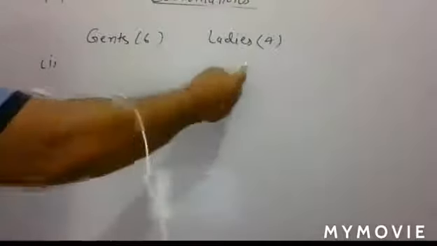In the first part, it is given that at least 2 ladies are there. What is the meaning of at least? 2 is your minimum boundary and the maximum boundary is not decided. Since you have 4 ladies, there may be 2, 3, or 4 ladies, not beyond that.